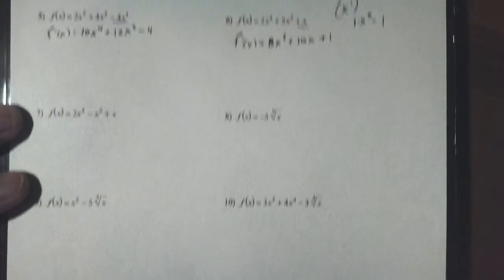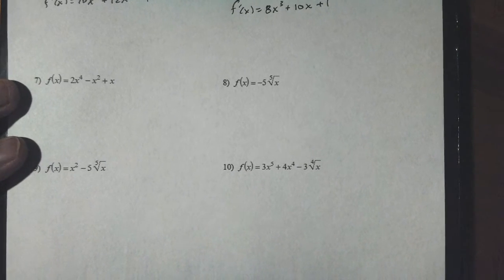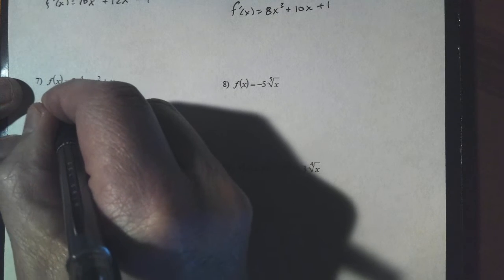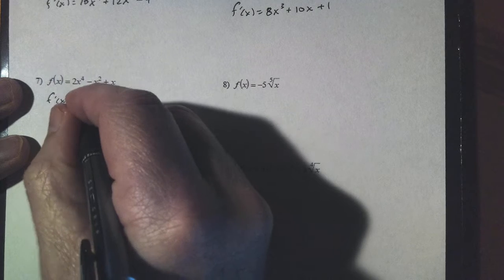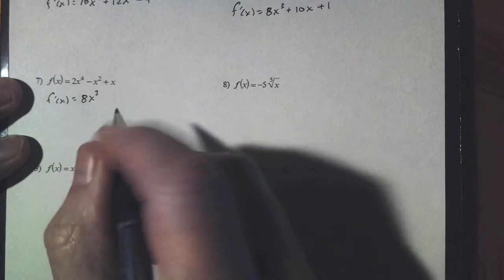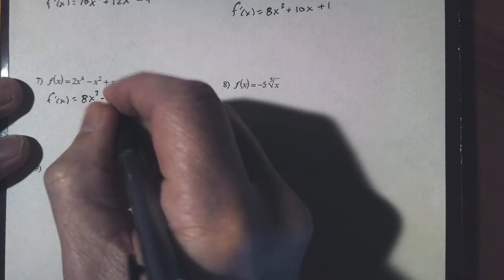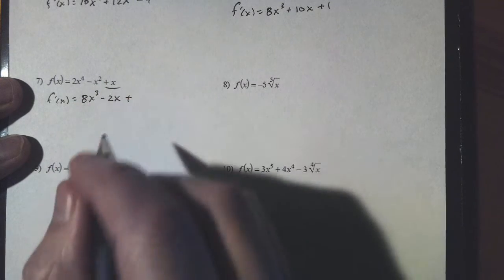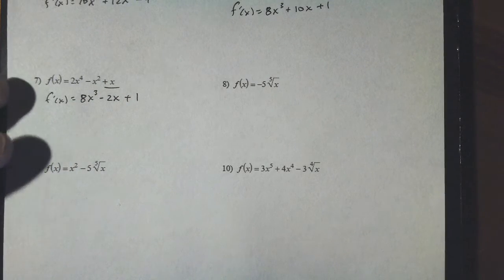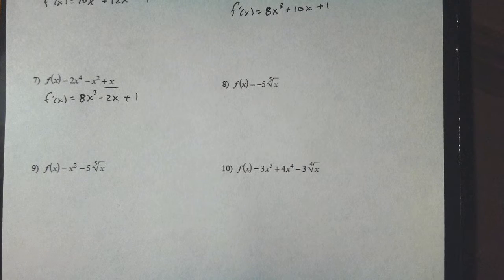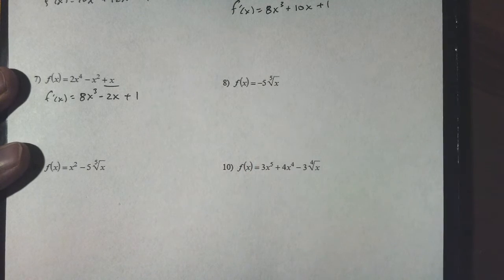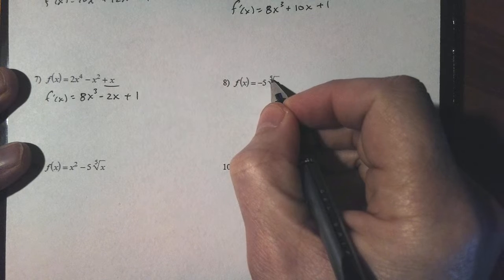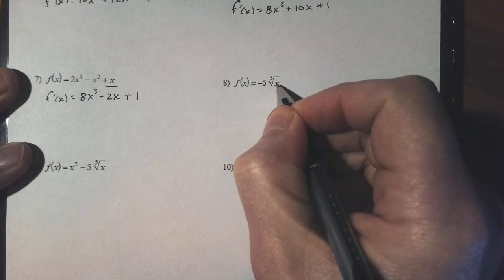All right, number 7. F prime of x, our first derivative, is 4 times 2, 8, x to the reduce 3rd, minus 2x to the 1st, plus the slope of y equals x, 1. Okay, now these ones, I highly recommend you write an extra step. This 5th root is a power, and this 5th root makes this x smaller.